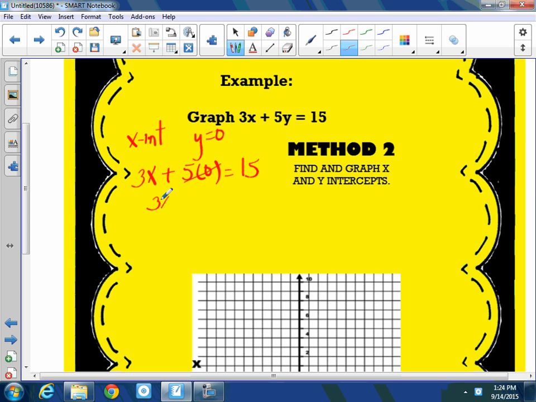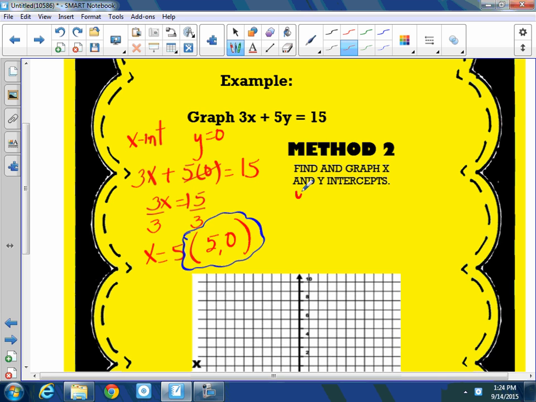That's 0. So 3x equals 15, divided by 3, and x equals 5. So the x-intercept would be 5, 0. This is what we're going to need.